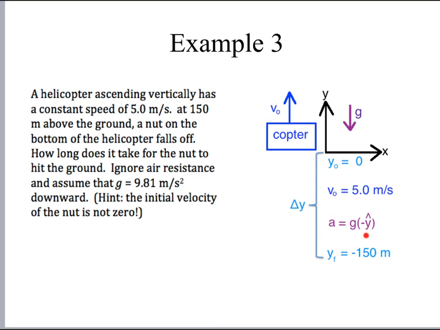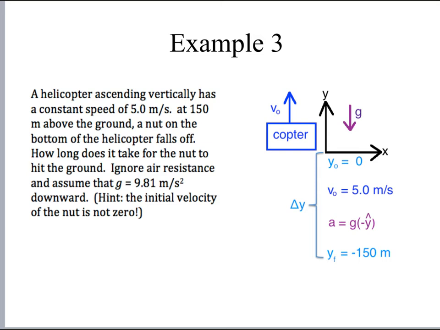The acceleration is, of course, g in the negative direction, and the final position is going to be negative 150 meters because the helicopter is 150 meters above the ground, but I put my coordinate system with the helicopter, so it's going to hit the ground, which is 150 meters below the origin. That's why it's negative. So these are what's given, and the question is, how long does it take for the nut to hit the ground?